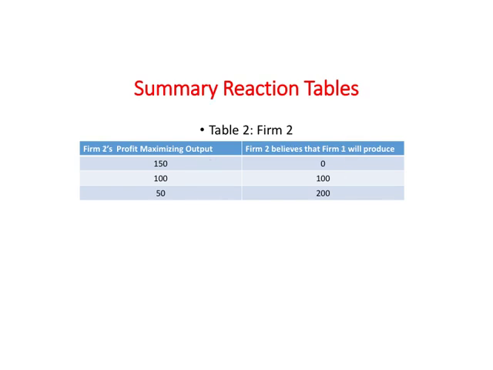Though we have not drawn diagrams, let us assume that the reaction table of firm 2 looks pretty much like what we have for firm 1. So in the first column we have firm 2's profit maximizing level of output, and here are different conjectures made by firm 2 about firm 1's output.